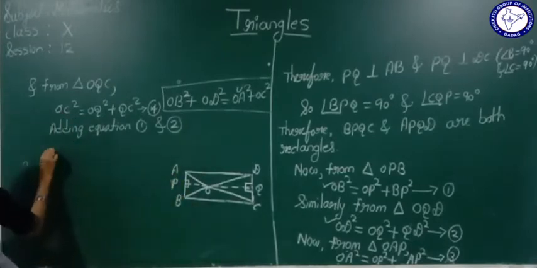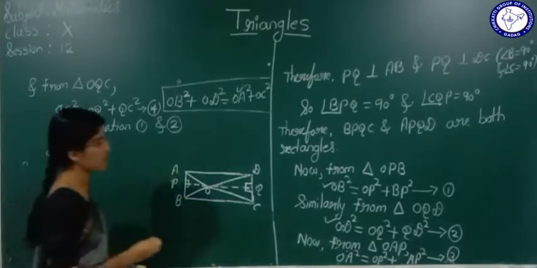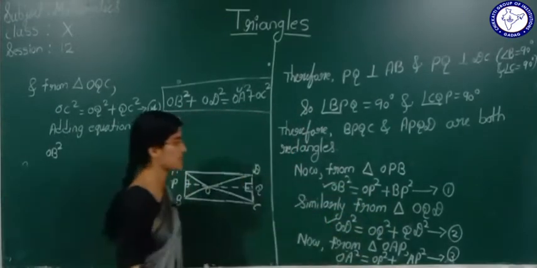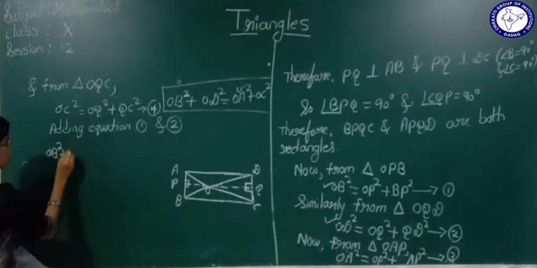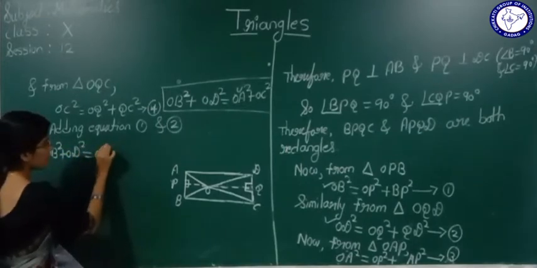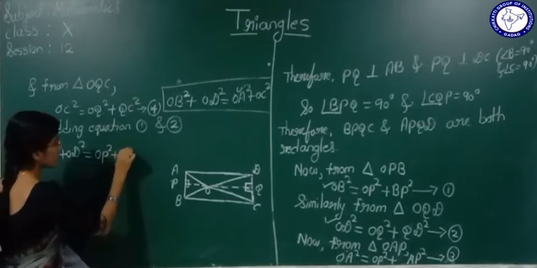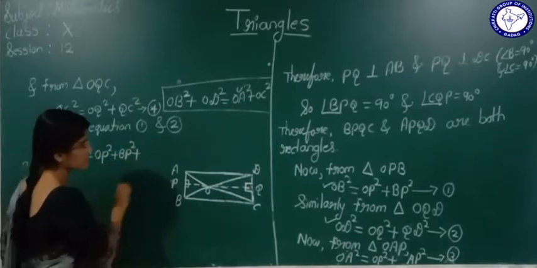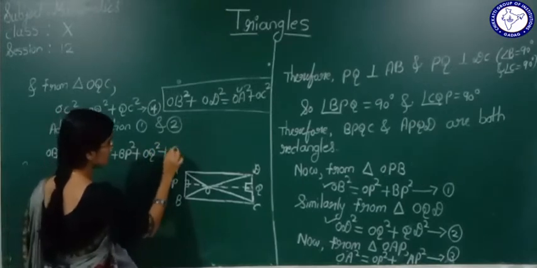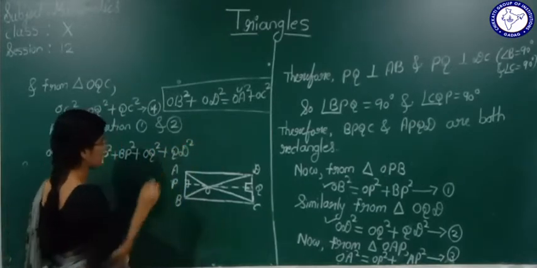That is OB square. Okay, we are going to add LHS to LHS and RHS to RHS. OB square plus OD square is equal to OP square plus BP square plus OQ square plus QD square.